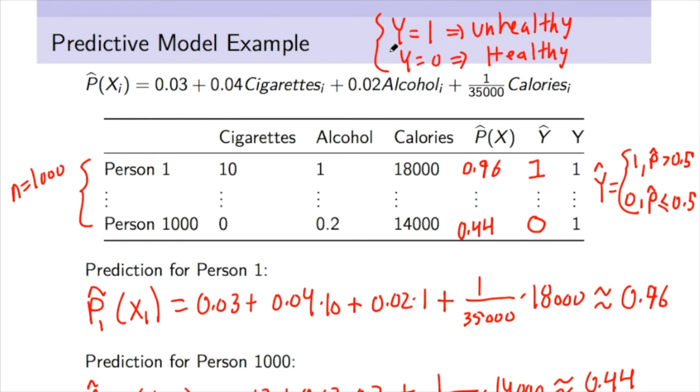One measure of accuracy is how many of the predictions in y hat actually match up with y, like how many of the predictions that we made are actually correct. And there are many different forms of accuracy for a predictive model, and we're going to be talking about different types of accuracies in future videos.